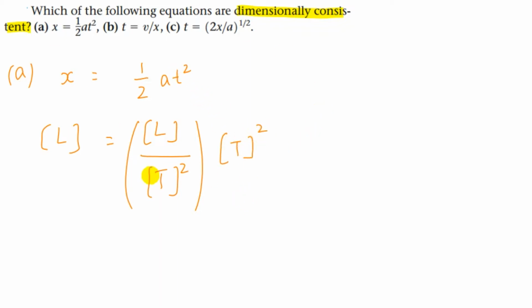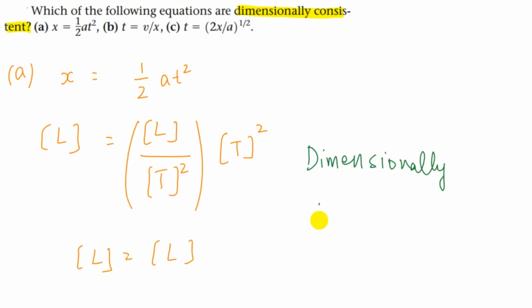Now here we see that this t square will cancel out and we'll get L. Now here we see that the dimension of the left side of the equation is equal to the right side. Therefore, we can say that the equation is dimensionally consistent. So this was the solution for the first case.